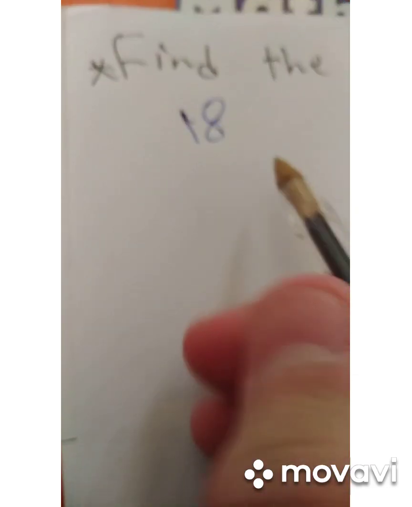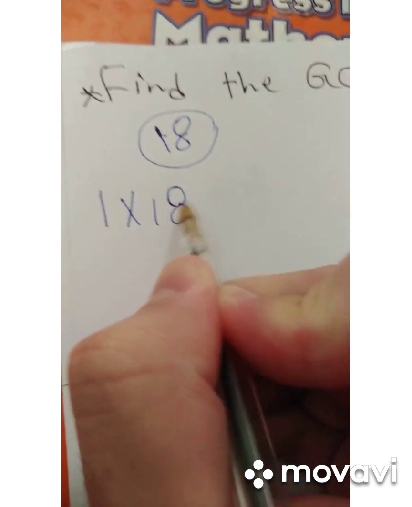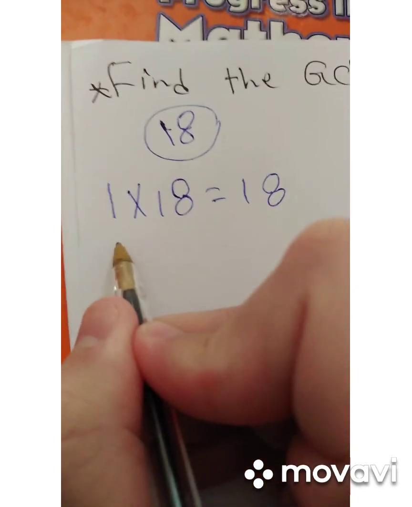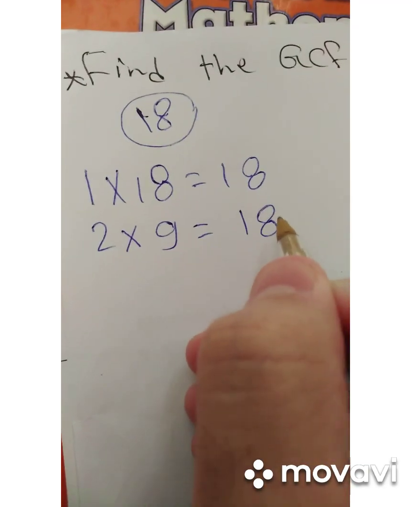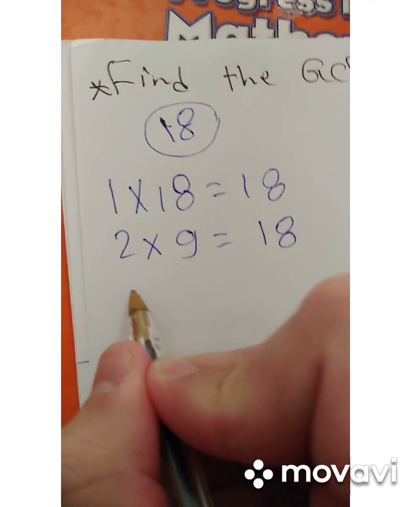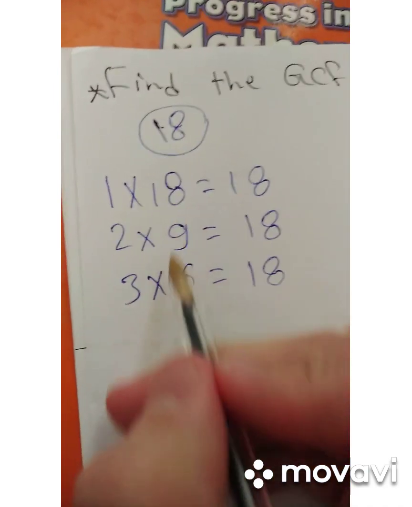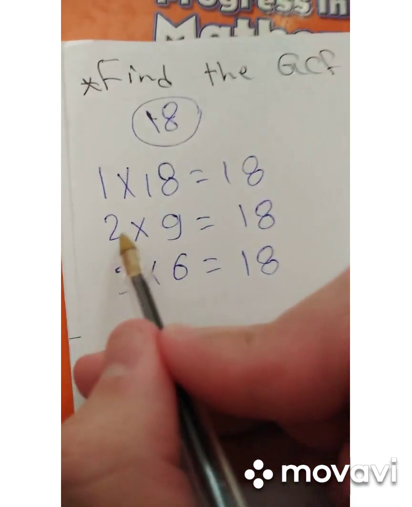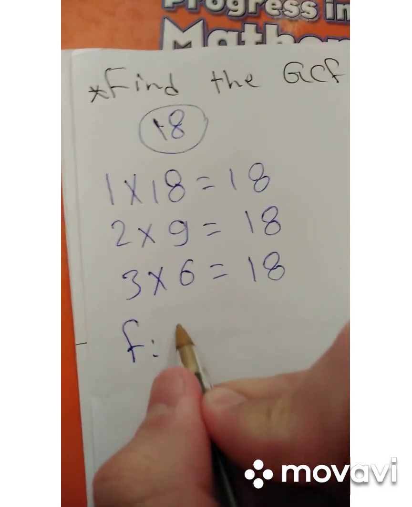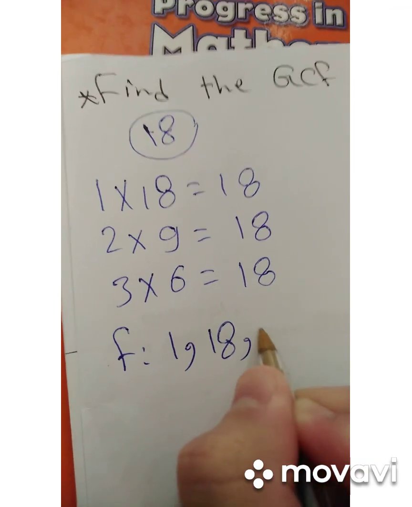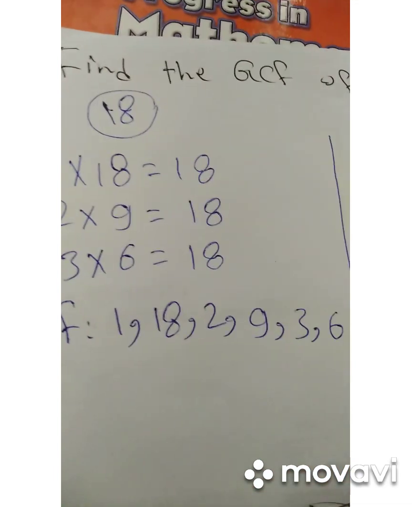What times what equals 18? 1 times 18 equals 18. 2 times 9 equals 18. 3 times 6 equals 18. So factors of 18 are 1, 18, 2, 9, 3, 6.